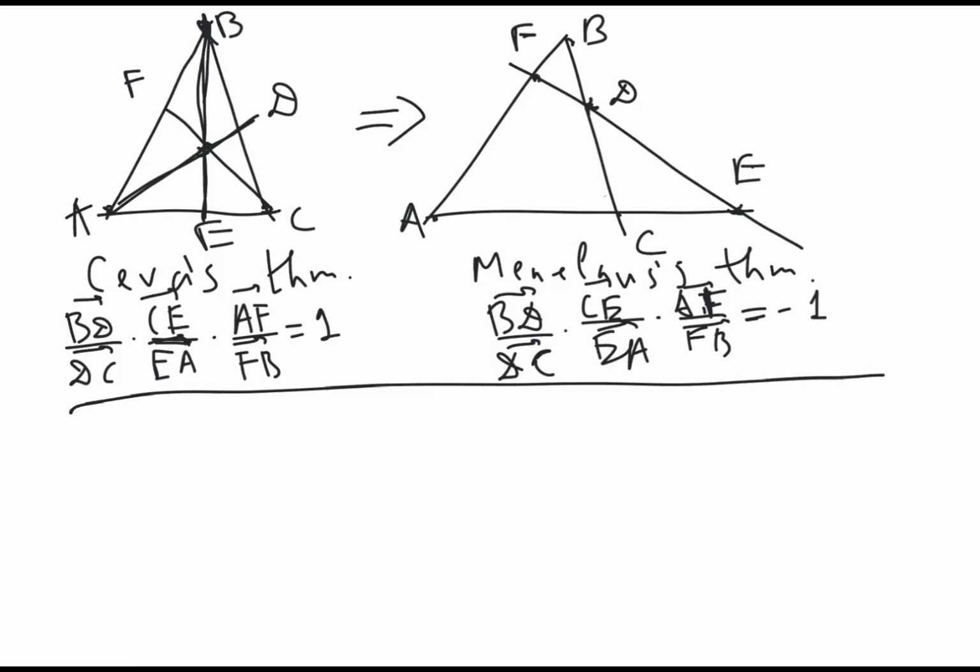Okay, so we are going to prove the Menelaus theorem now, and notice that the criterion here is if and only if. So this equality holds if and only if the points D, E, F are collinear. But we are going to prove only one direction, that if they're collinear, then this equality holds.